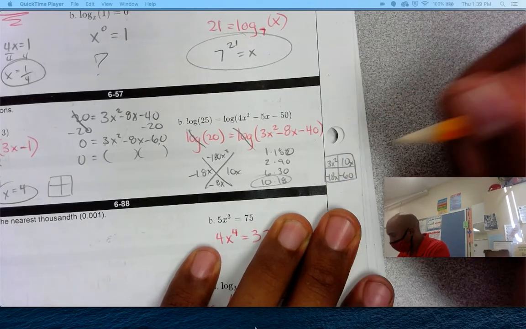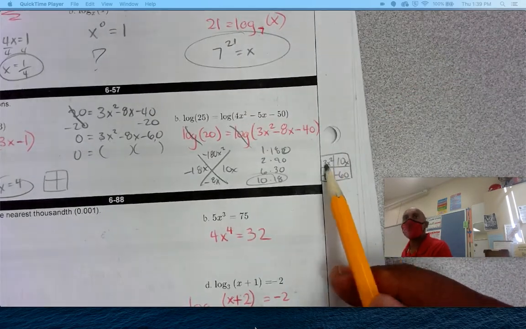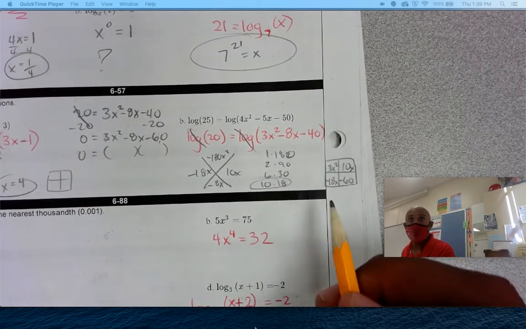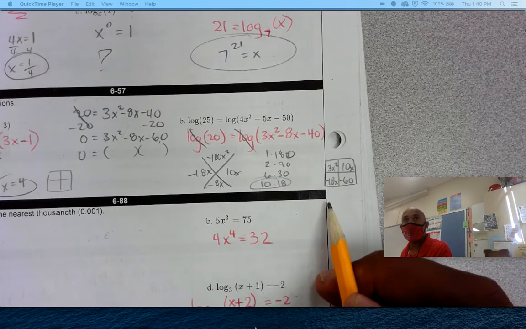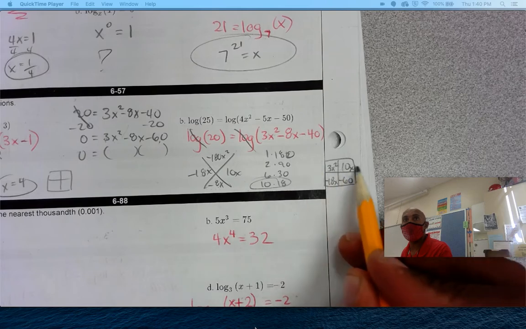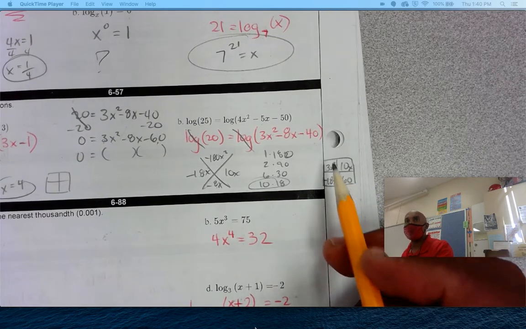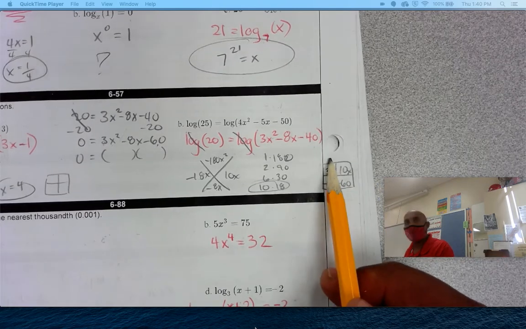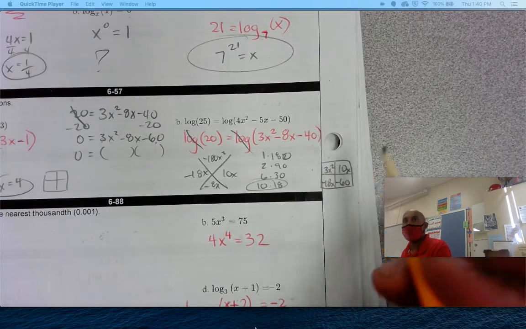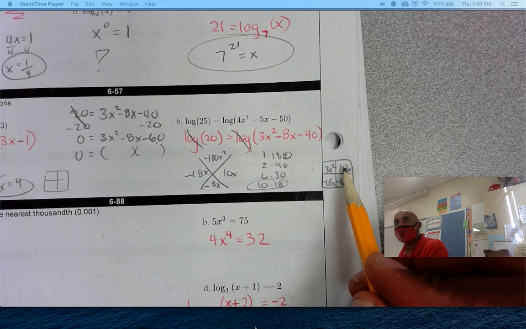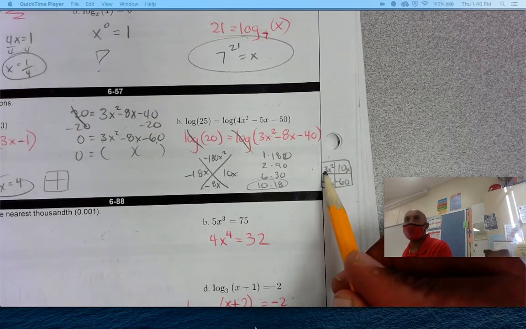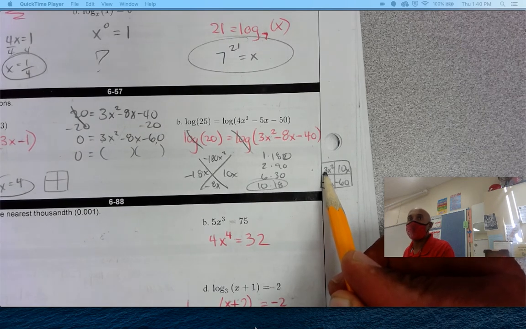Okay? Now, the way I like to do this is I pick either the column or the row to figure out what goes here. Now I know it's 3x times x, but where does the 3 go? Does the 3 go on top or on the left? So you do that by looking at 10 and 3. Do they have a common factor, a common number that you can divide into?